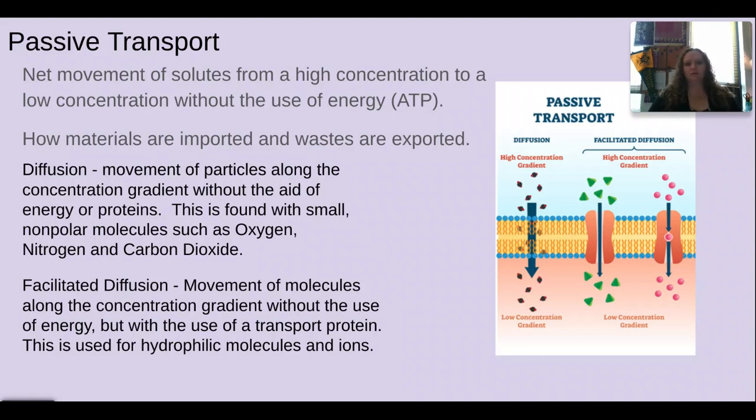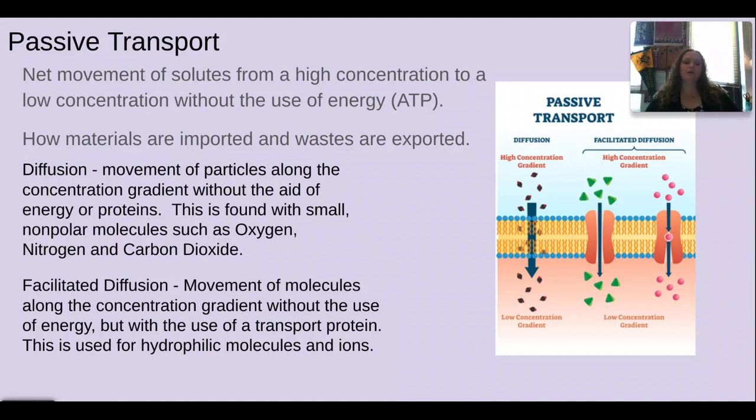Diffusion is the movement of these particles along the concentration gradient without energy. It's a type of passive transport. Small, nonpolar molecules such as oxygen, nitrogen, and carbon dioxide are going to move this way into or out of the cell. In facilitated diffusion, we're still moving along the concentration gradient. We're still not using energy.